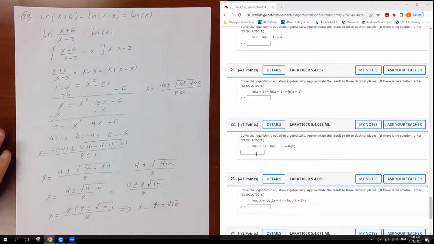You can plug in this one. Yes, you have to plug in as a decimal.